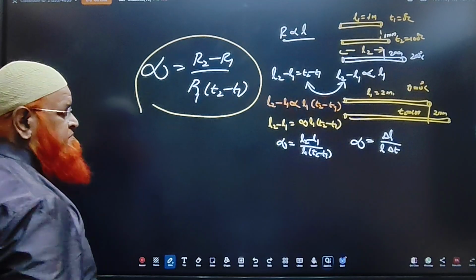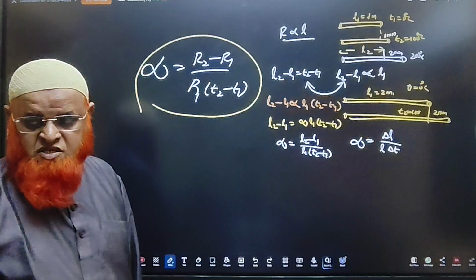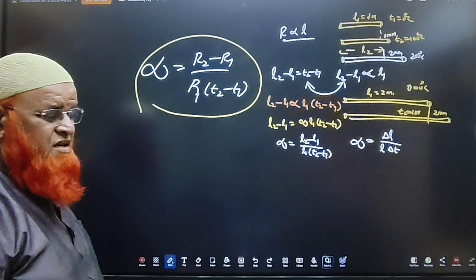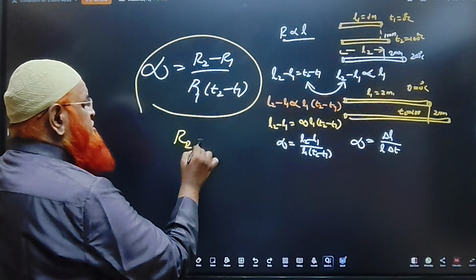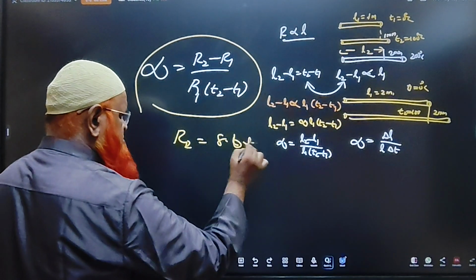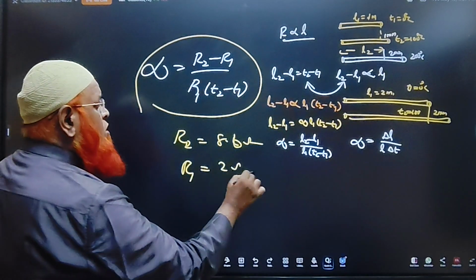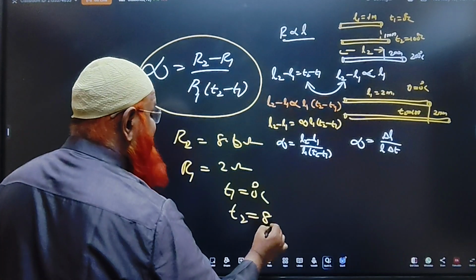You can just see, I have just now solved one problem. R2 is equal to 8.6 ohms, it is given. R1 is equal to 2 ohms, it is given. Temperature T1 is 0, and temperature T2 is 80 degrees Celsius.